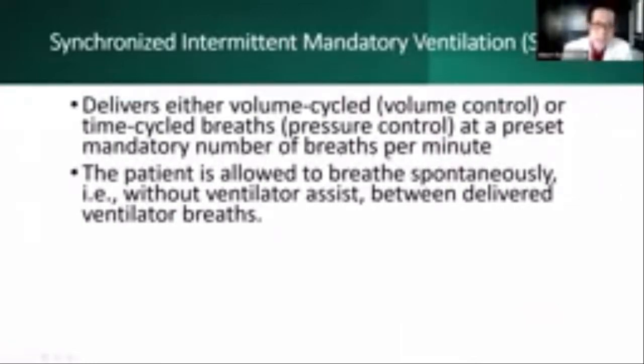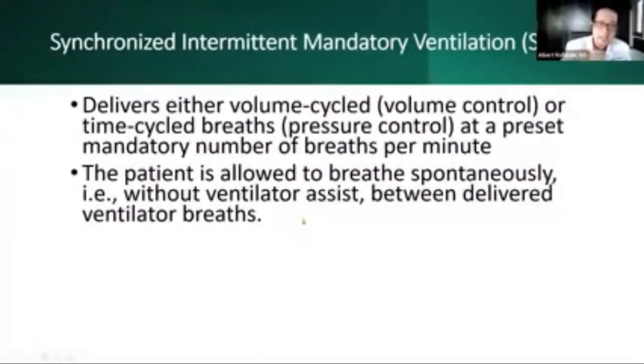If you set SIMV of 8, it will only give you 8 breaths. In between, if the patient's breathing faster, it will just allow the patient to breathe spontaneously without delivering a ventilator breath. So if I set SIMV of 10 and the patient's breathing at a rate of 20, 10 of them will be machine breaths, while 10 will be spontaneous breaths on their own.